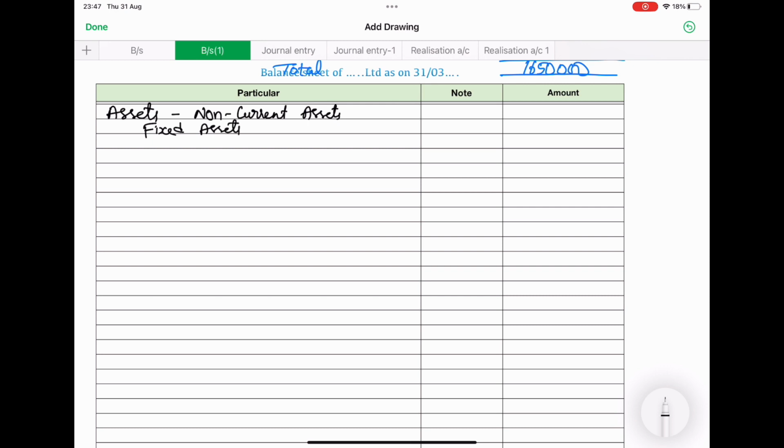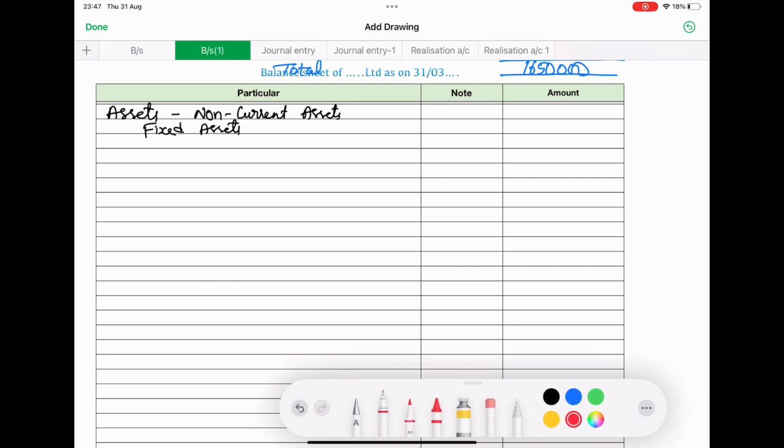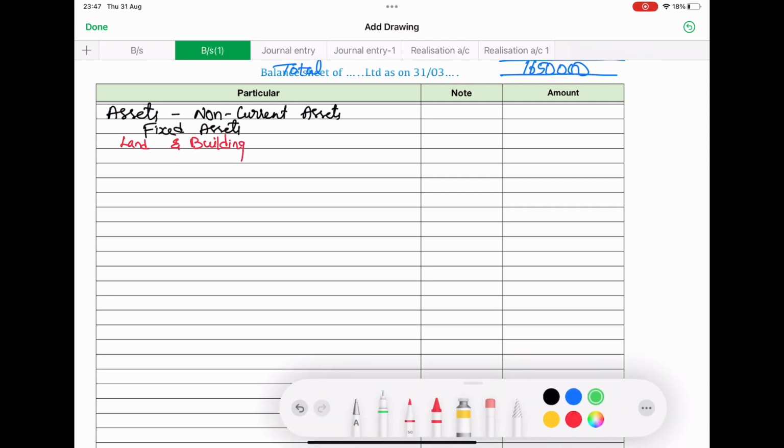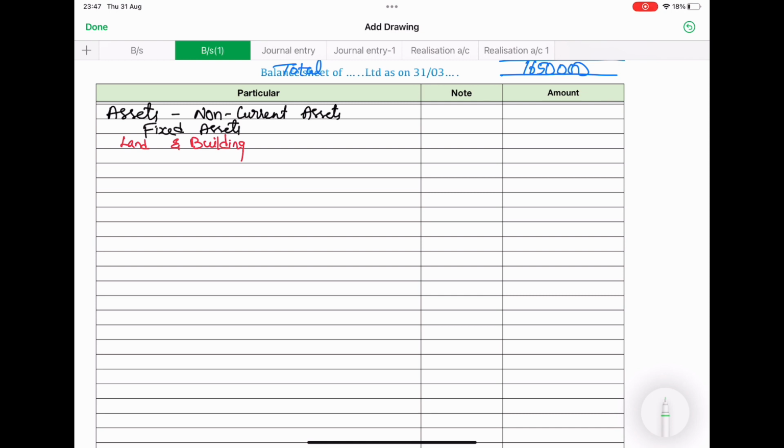Under fixed assets we have land and building, isn't it? Here also we are going to show both companies' values: 2,50,000 plus 1,55,000. So the value is 4,05,000.